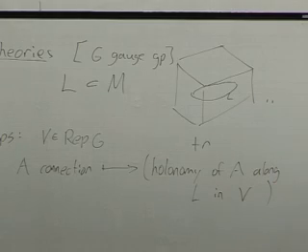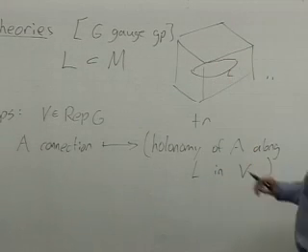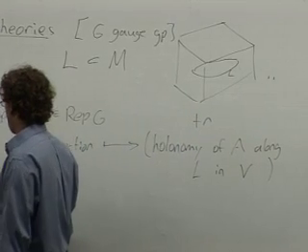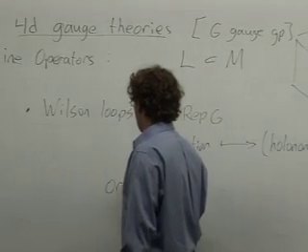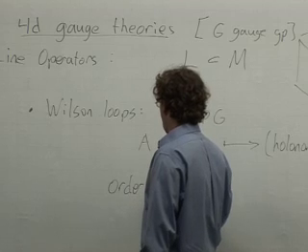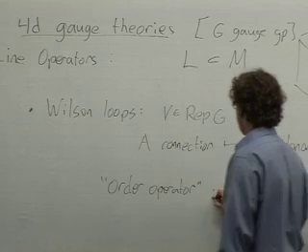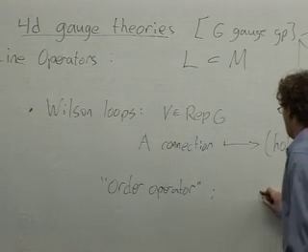So this is something we can calculate classically for a connection, every time you give me a loop and you give me a representation. And this gives me an operator in the quantum field theory, which is known as an order operator. This is a kind of operator which we can stick into the path integral.